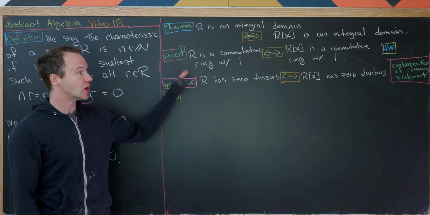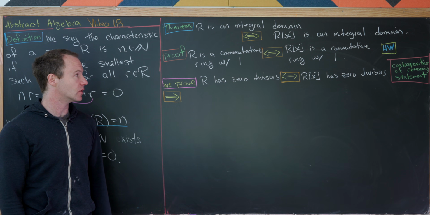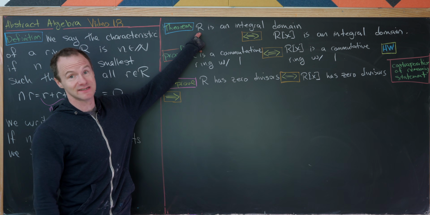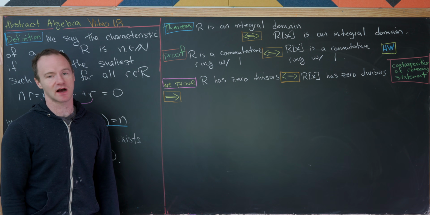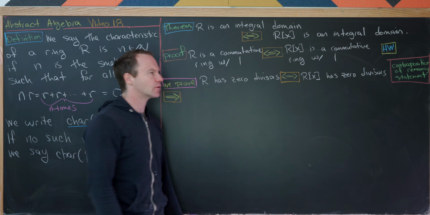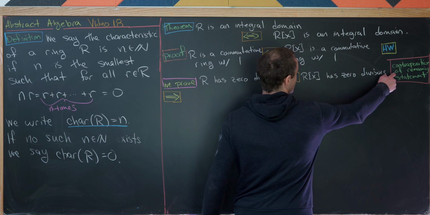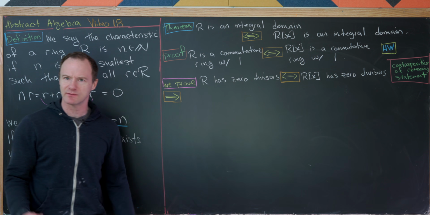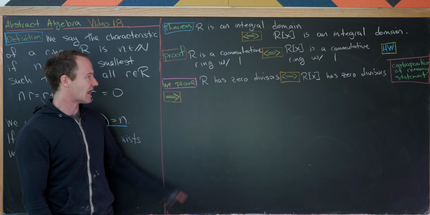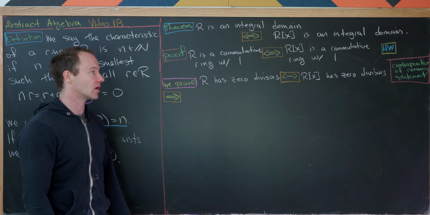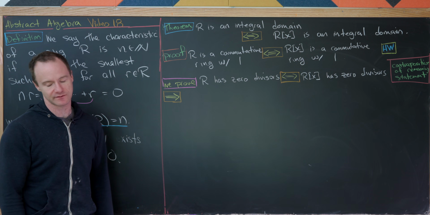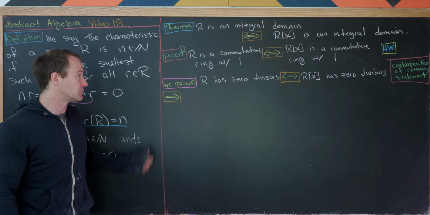But if we know that, all we have to show is that R does not contain zero divisors if and only if R adjoin X does not contain zero divisors. But we'll in fact prove the contrapositive of this remaining statement, which is equivalent. And that is that R has zero divisors if and only if R adjoin X has zero divisors. Okay, so let's get to it.